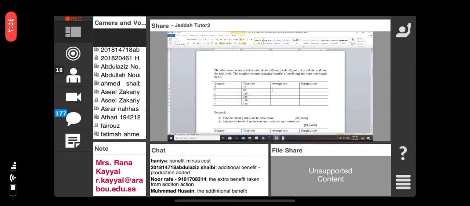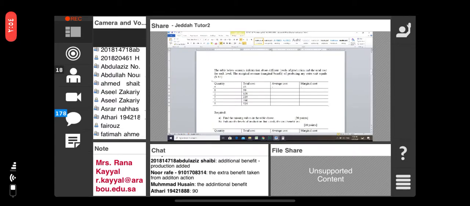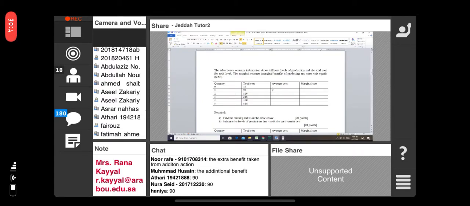Yeah. What is the average cost when total cost is equal to 60? Type level number 2. How did the girl get 33? 63.